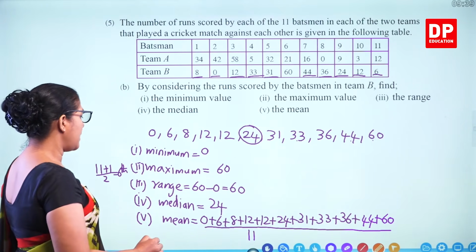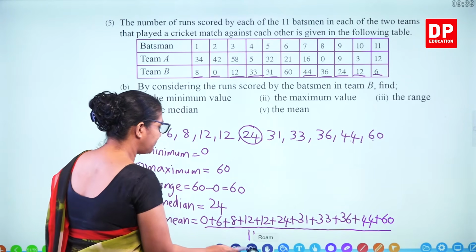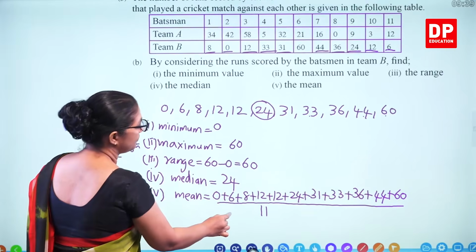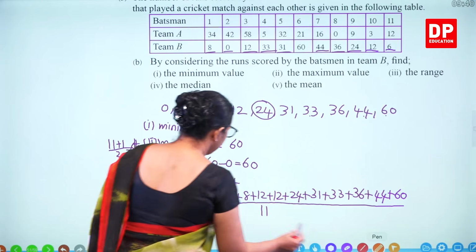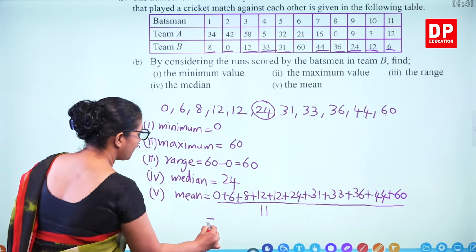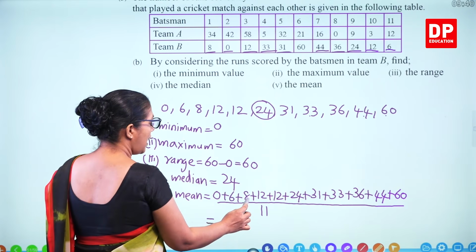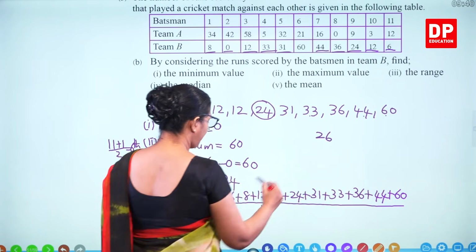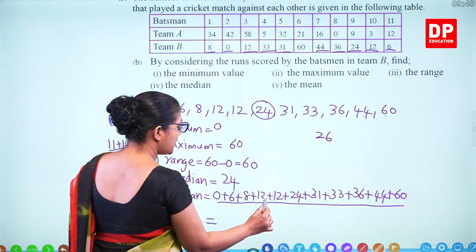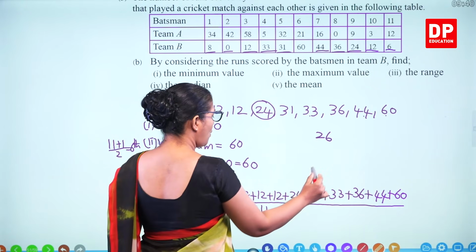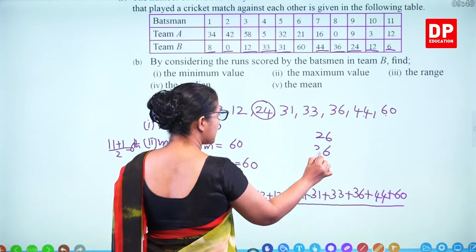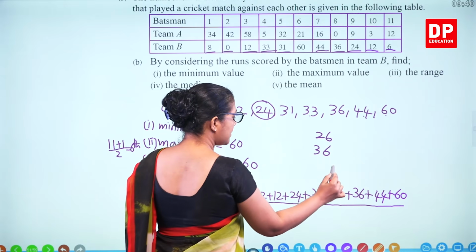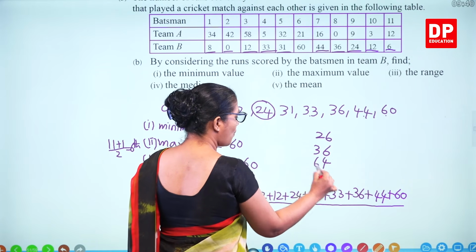Now we'll take the addition. Eight plus 12, 20, 26. These three, then 12 and 24, 36. 31 and 33, 64.